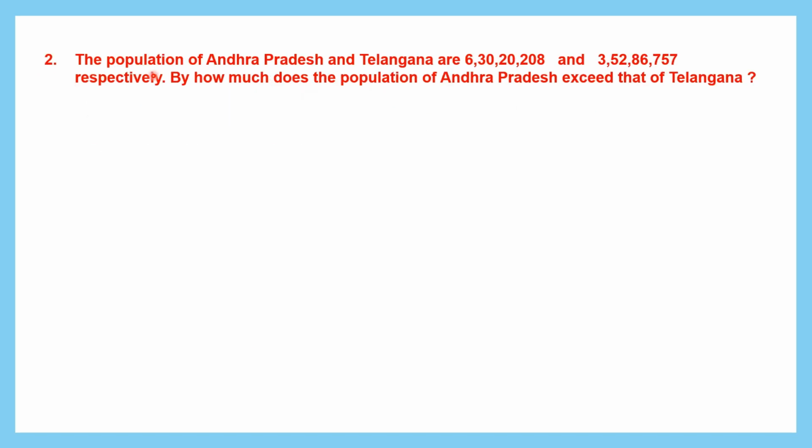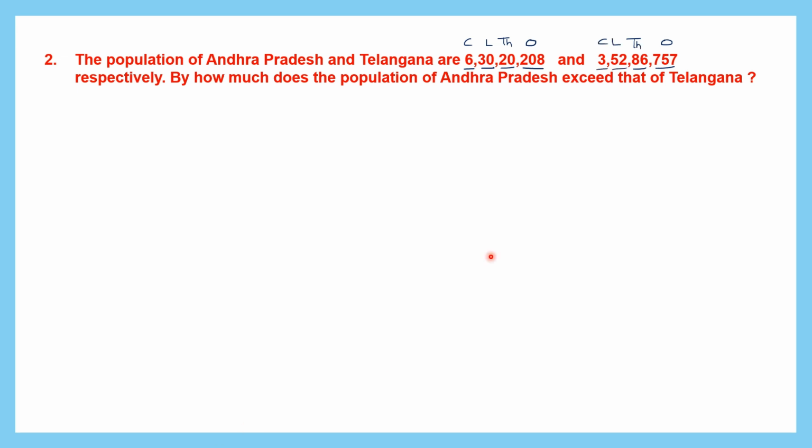Question 2. The population of Andhra Pradesh and Telangana are, now we have these two numbers here. We can put them in the order of their periods and then read it out. So here this is the ones period, this is the thousands period, this is the lakhs period, and this is the crores period. Similarly, the ones period, the thousands period, the lakhs period, and the crores period.